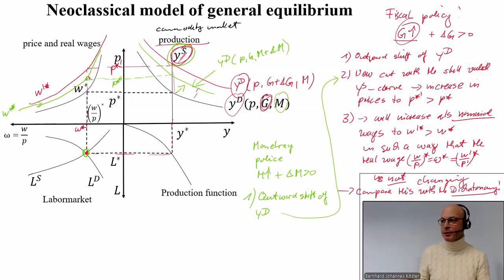And of course, if we look at the data, in order to stabilize the economy via fiscal and monetary policy within the financial, the euro crisis, the corona crisis, all this has functioned. So this is then the hint that in the short run, it is quite okay to argue with somehow sticky prices, that you really can stabilize, that you in a little way can push the economy via increasing M and increasing G.